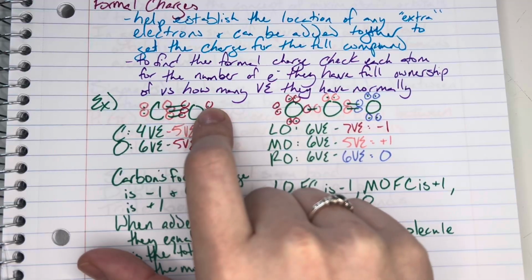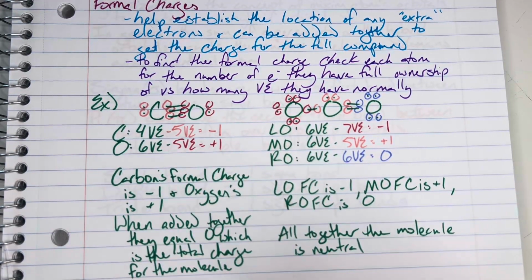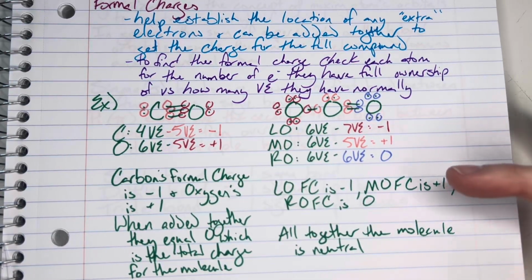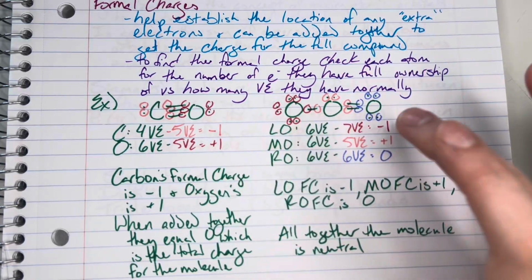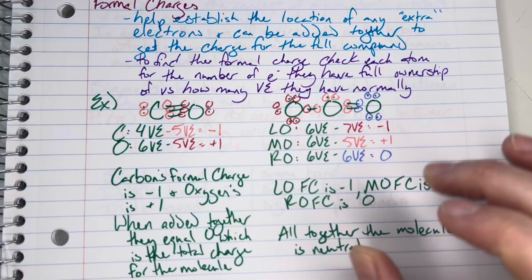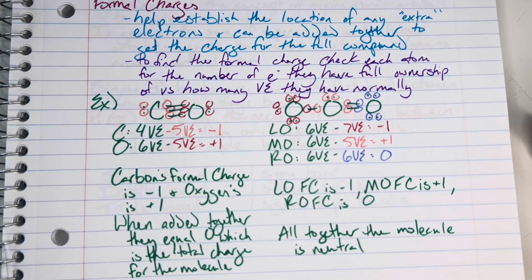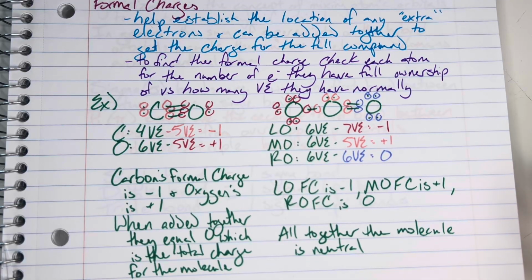Carbon monoxide has a net charge of 0, and when I add -1 and +1, it equals 0, which is the total charge. So that means my formal charges look good. Same thing for ozone. I have a total net charge of 0, and when I add -1, +1, and 0, I end up with a total net charge of 0. So that looks good as well.